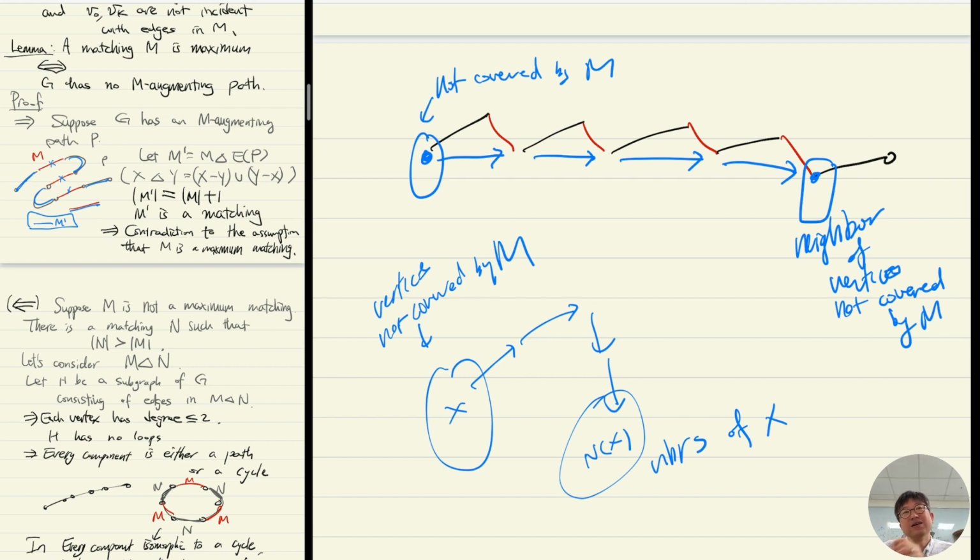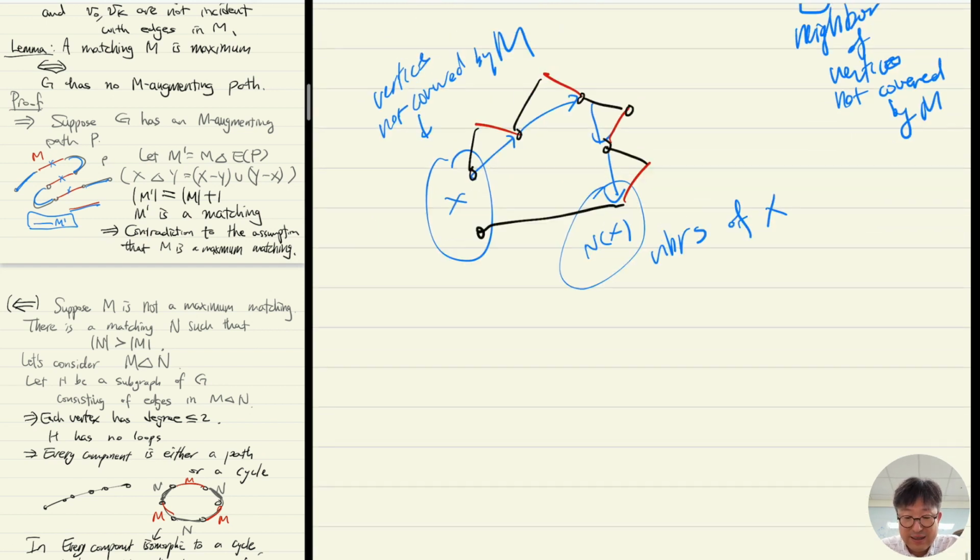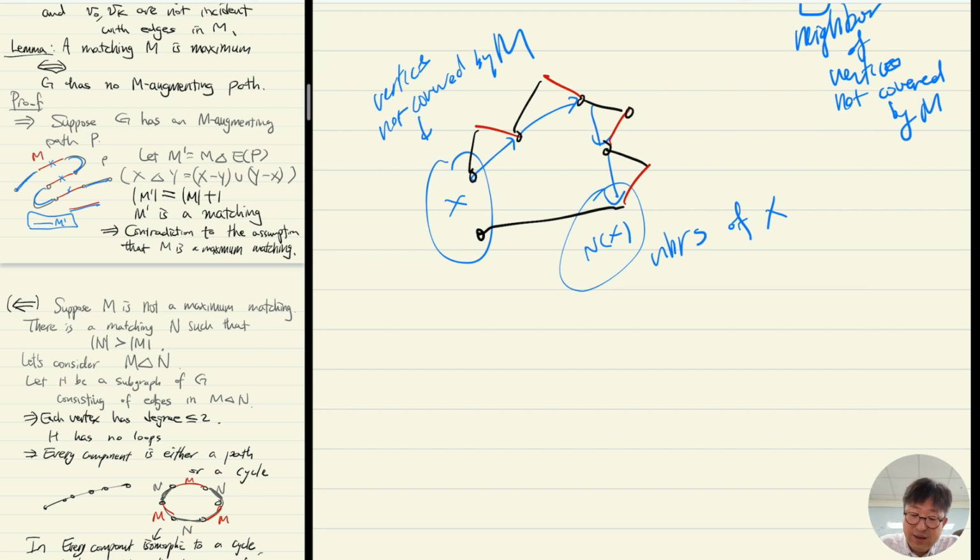Now, not all directed paths give you an augmenting path. If we are really lucky, we may get the augmenting path, and this is a neighbor of somebody. But if you're unlucky, maybe there could be issues. Maybe these two vertices could be equal.